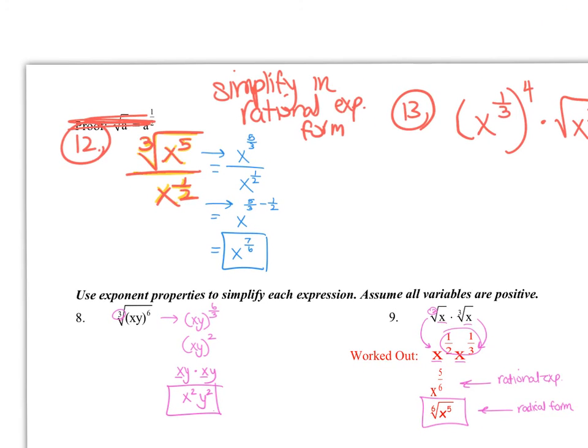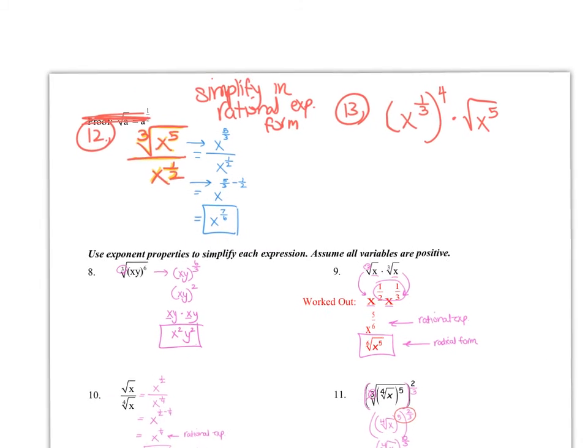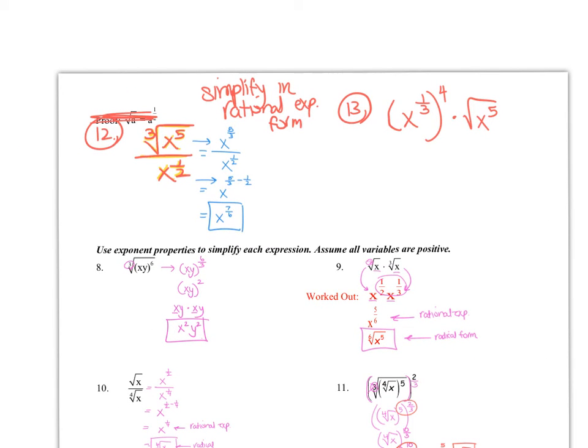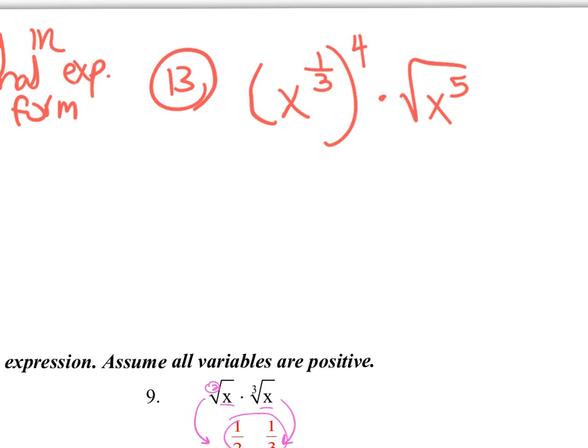And then number 13, we have a few things going on. We have two separate terms being multiplied together. So let's simplify them each first, then let's do our multiplication, okay? So first here, you have power to a power. What do we do with exponents power to a power? We multiply. Then our next one, we can convert it and write it as x to the 5 over, remember if there's no index, that's a 2. Okay, so we did those two things in one step.